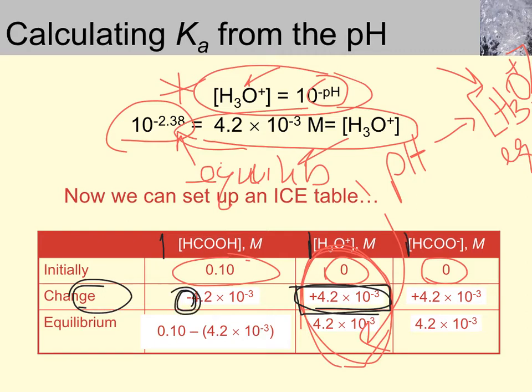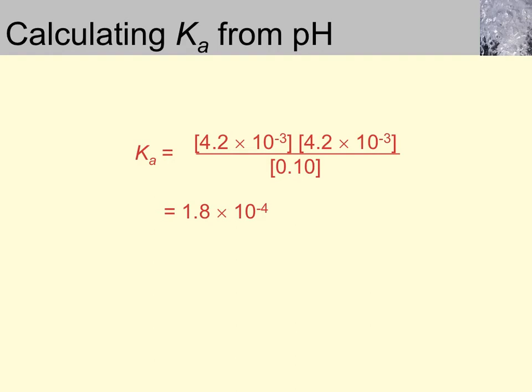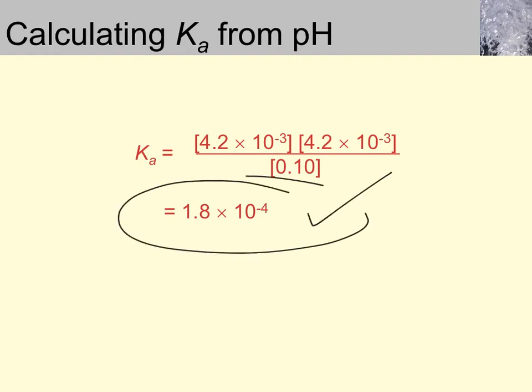Products are increasing in general. Then do your math. In this case, it's a subtraction. In the case of the products, it's addition. Once you have these equilibrium concentrations, go ahead and plug into your expression for Ka. And here we go. The Ka for this formic acid, weak acid, is 1.8 times 10 to the minus 4.